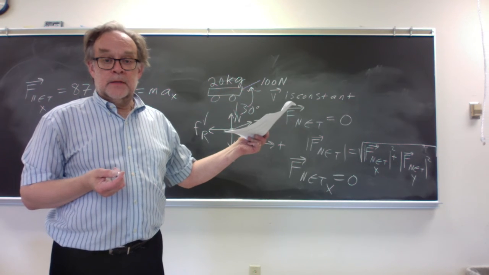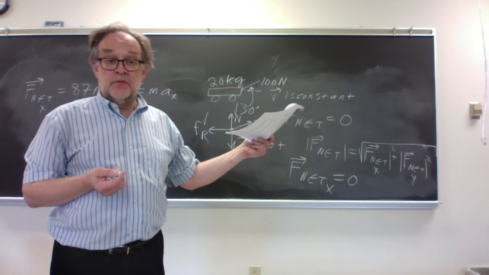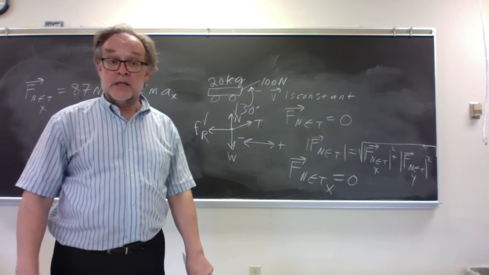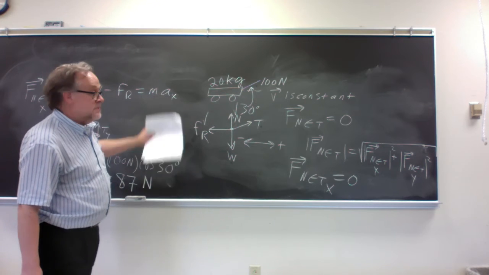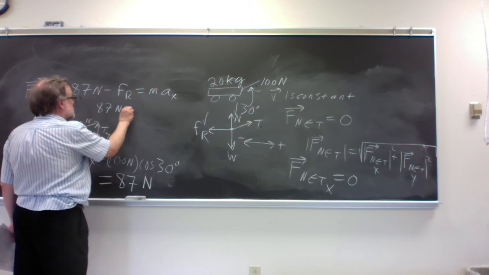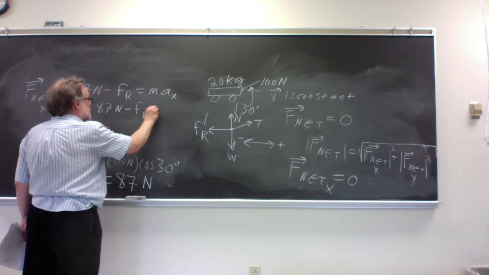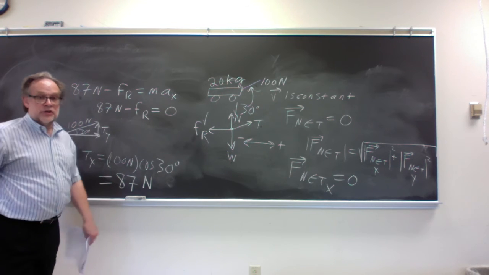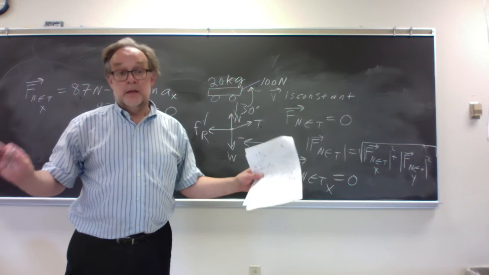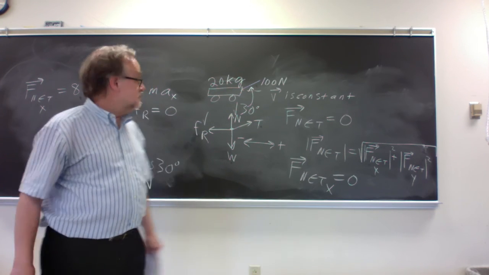But it's moving at a constant velocity, so there isn't any acceleration. That's 0. 87 newtons minus the rolling friction force is 0, which means the rolling friction force itself is also 87 newtons.